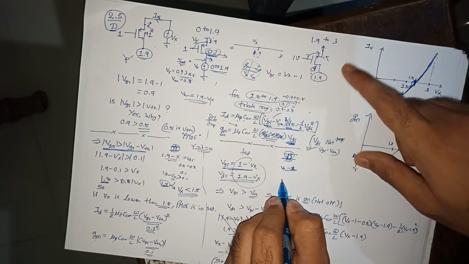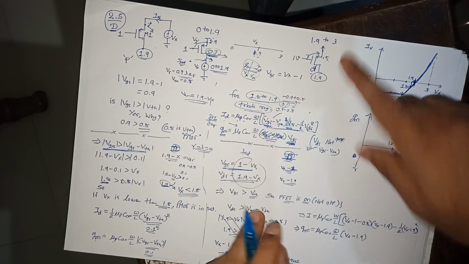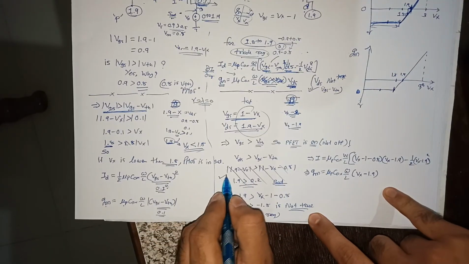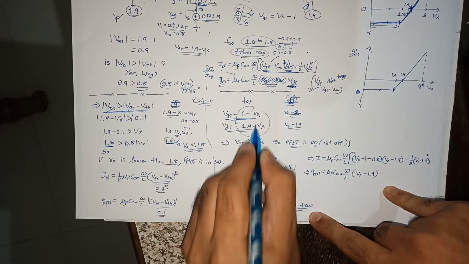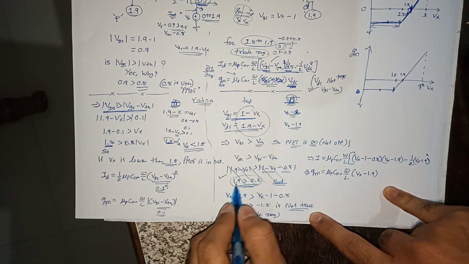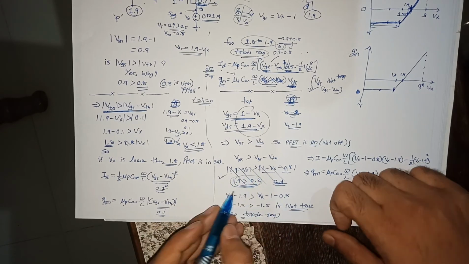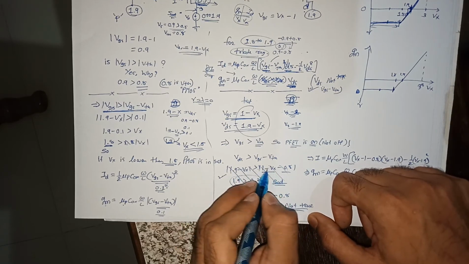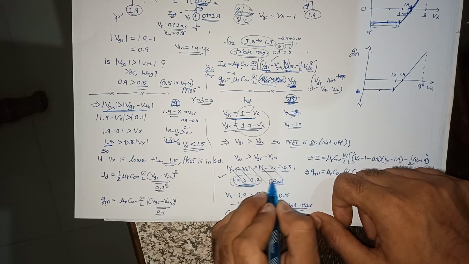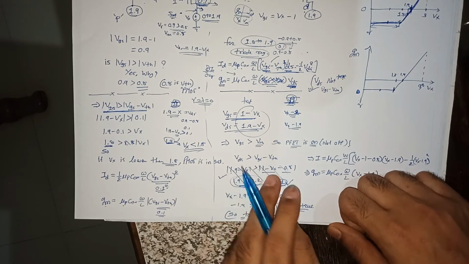I will put Vx minus 1.9, and I will follow all the signs I was following with the NMOS. So see, here intentionally I made a mistake: 1.9 minus Vx is greater than Vgs minus Vth. If I make a mistake while seeing the signs, that means plus and minus, I will eventually conclude that this is saturation. But don't follow this, it will always be confusing.